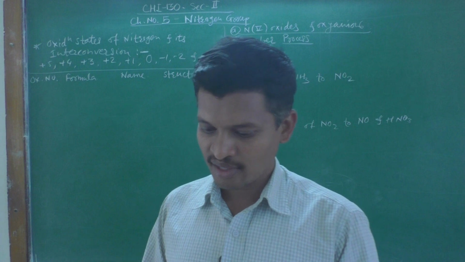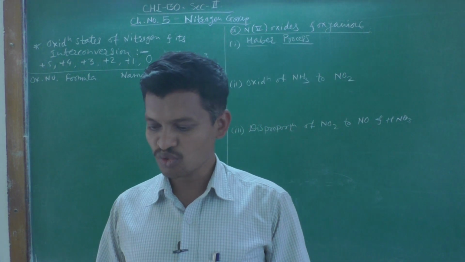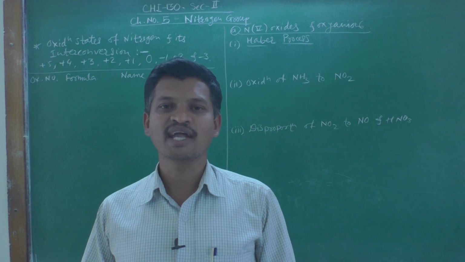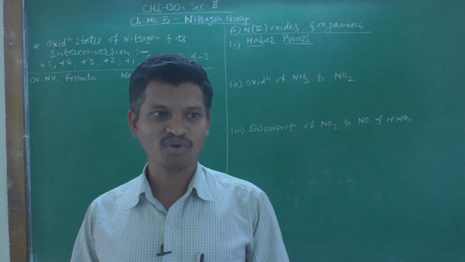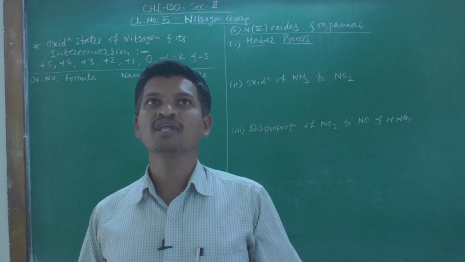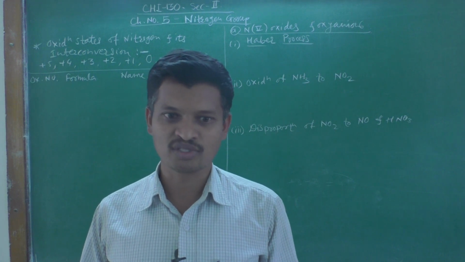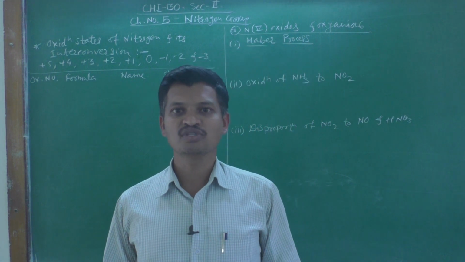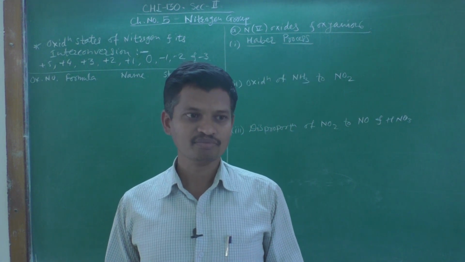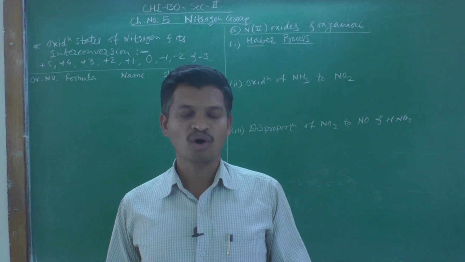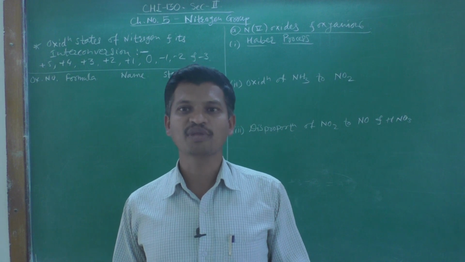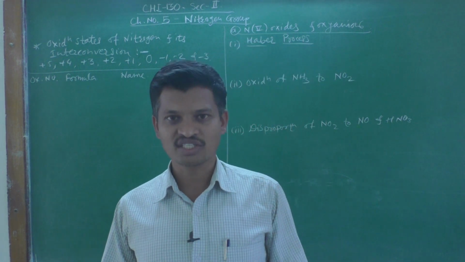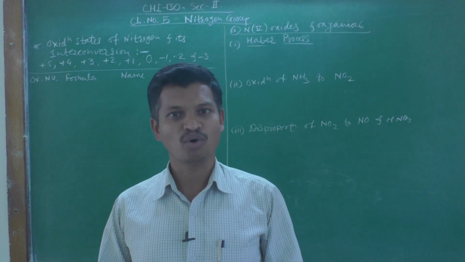And we have to study these nitrogen oxides. So, when nitrogen combines with oxygen in different stoichiometry, the resulting compounds, that is nitrogen oxides, or we can also call them oxides of nitrogen, have different structures with different oxidation states.